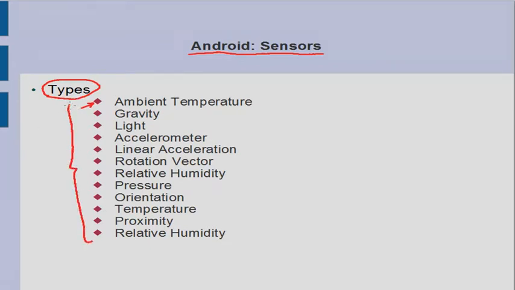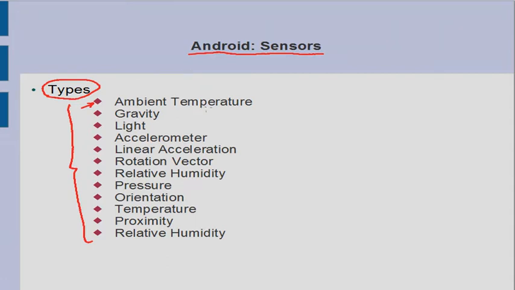Now, some of these sensors on the Android device are hardware, and some are software, or some are both hardware plus software. So I can now tell you which are the hardware ones and which are the hardware plus software ones among them.